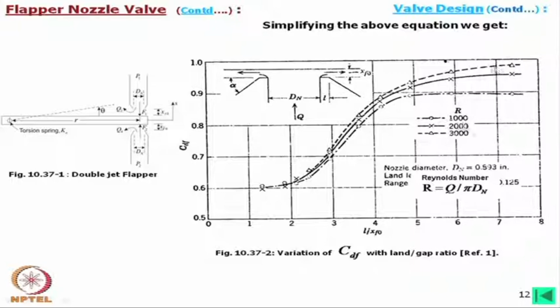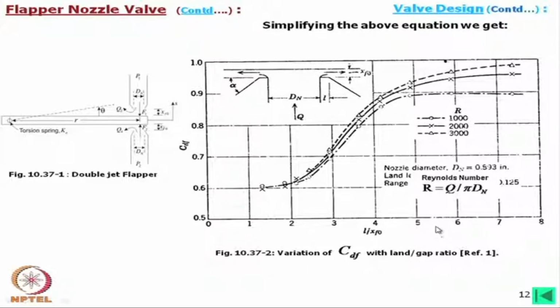It is more at large Reynolds number, meaning high velocity flow, and less at lower Reynolds numbers.